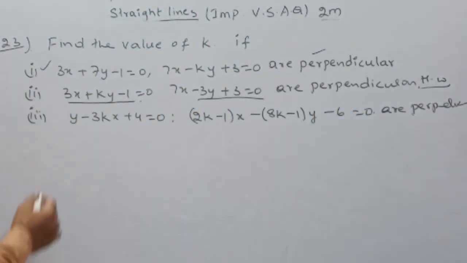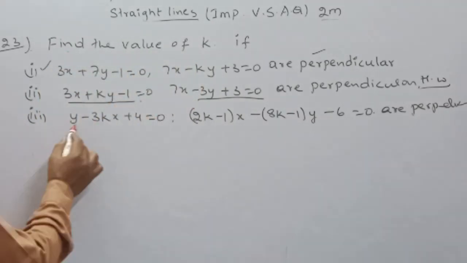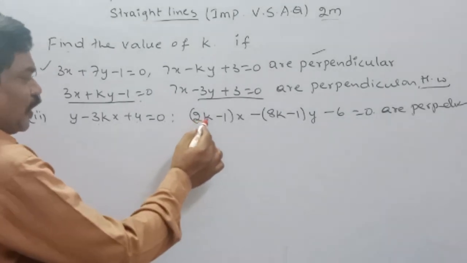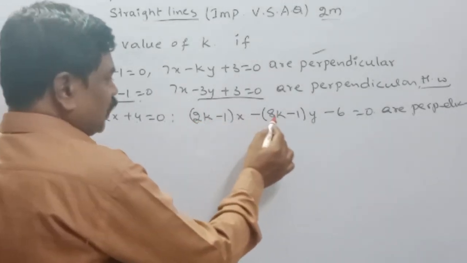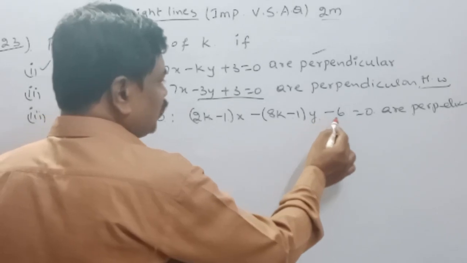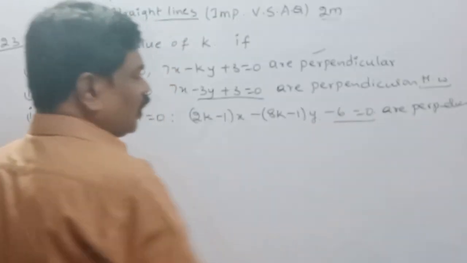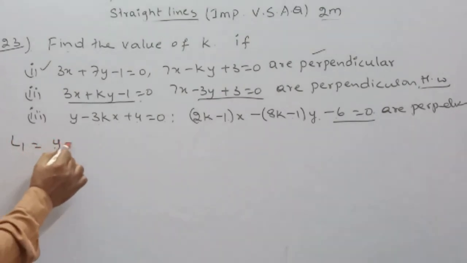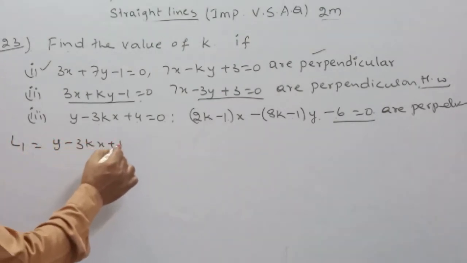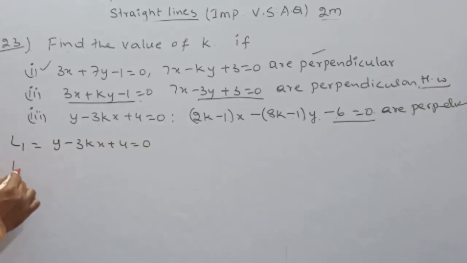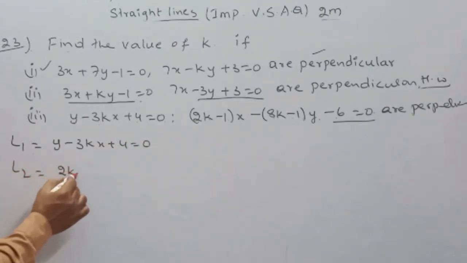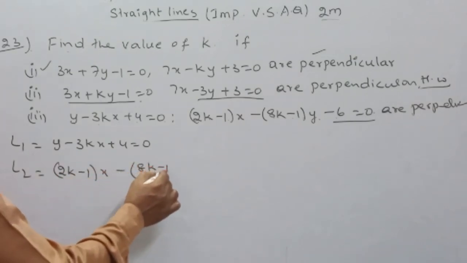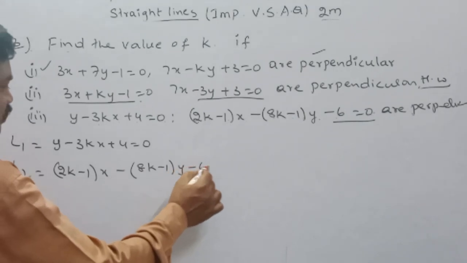Next, third problem. Find the value of k if y minus 3kx plus 4 equal to 0 and (2k minus 1) into x minus (8k minus 1) into y minus 6 equal to 0 are perpendicular. So here L1 is y minus 3kx plus 4 equal to 0 and L2 is (2k minus 1) into x minus (8k minus 1) into y minus 6 equal to 0.